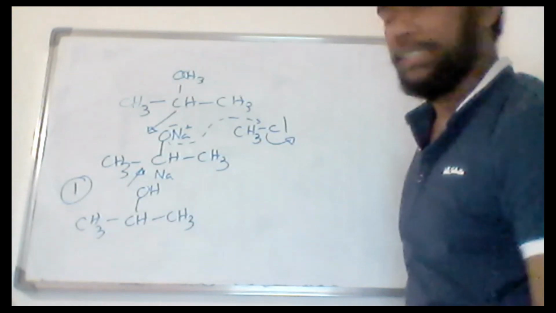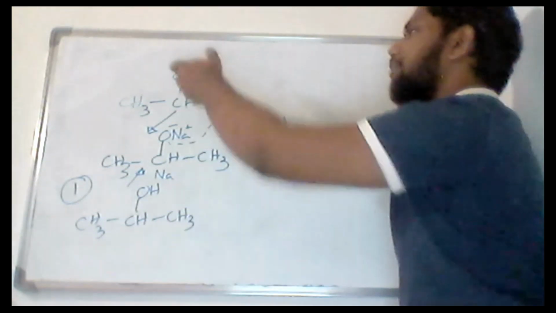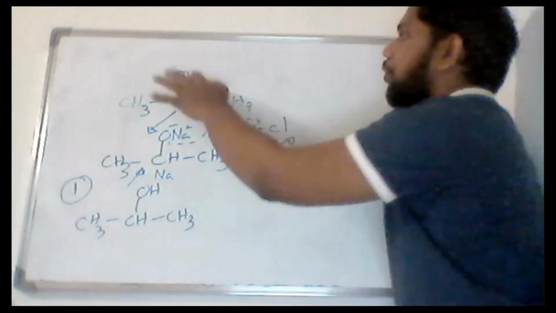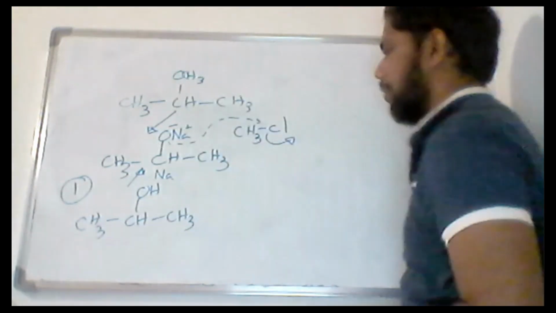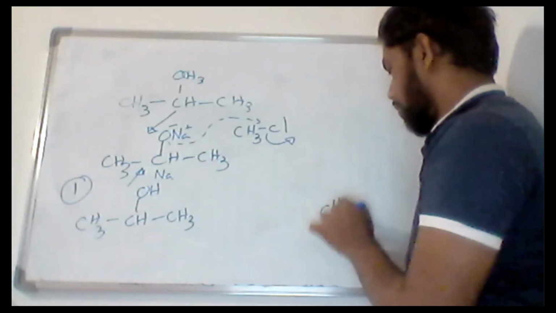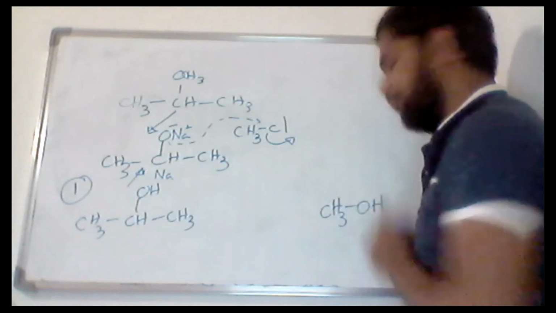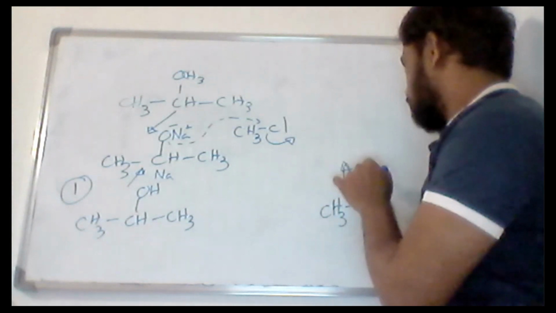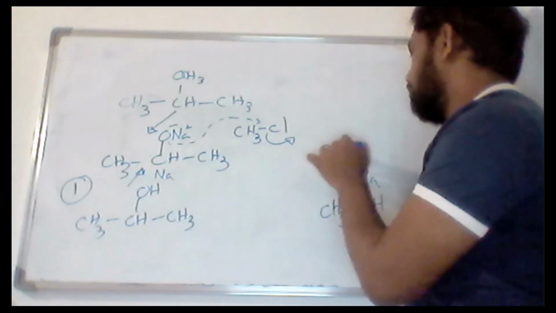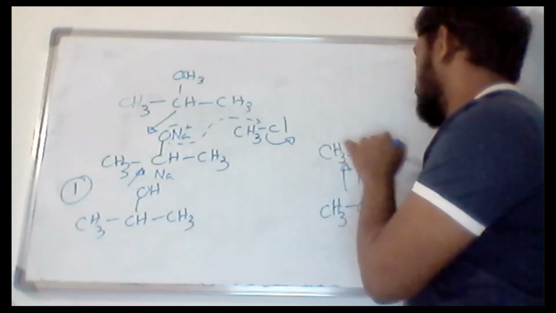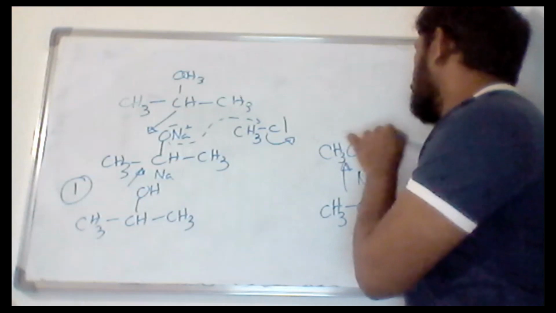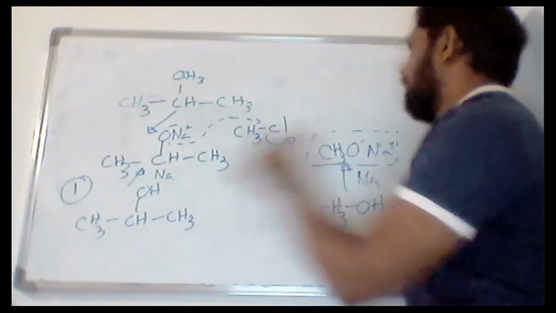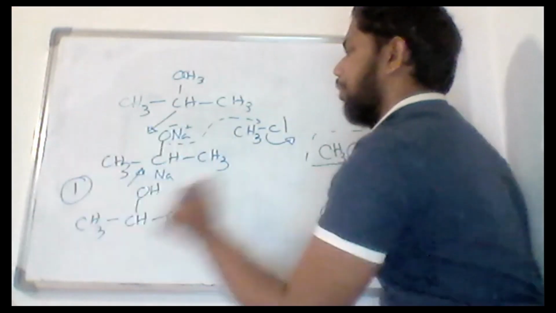So what is the other method? The other method is the reverse of it. You will have this alcohol like CH3OH. Then you first add sodium, so it will form CH3O minus Na plus. Now this will be your nucleophile. Here it was this, the nucleophile.